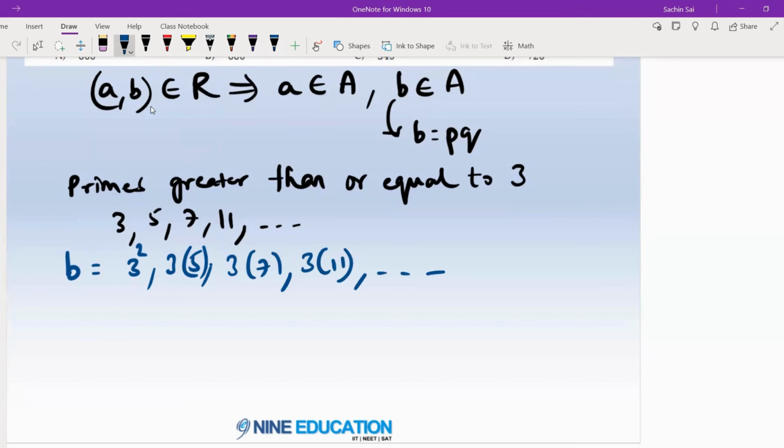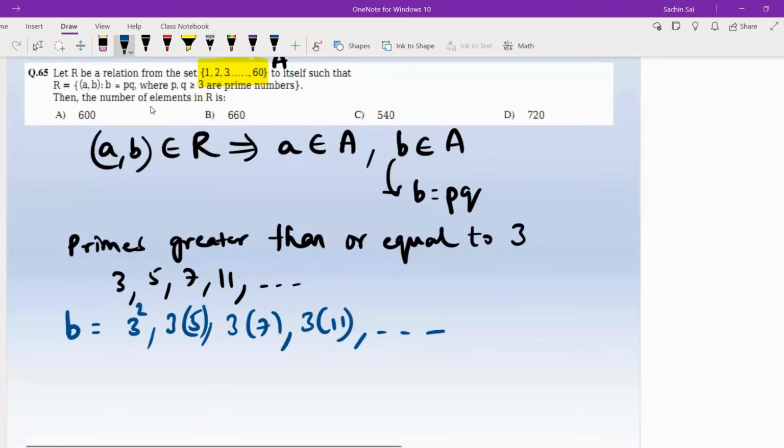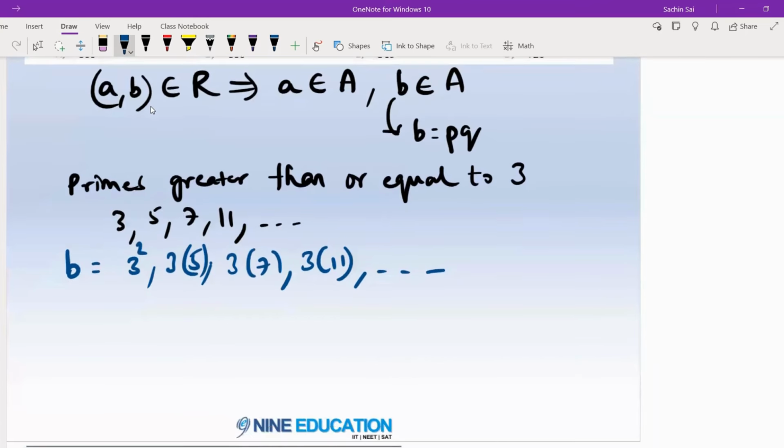So if I keep doing that, what is the maximum possible product I will get by multiplying 2 primes? Remember that the product must be less than 60 because the product must belong to that set. So I think we'll stop at 11 because 11 square is 121, right?